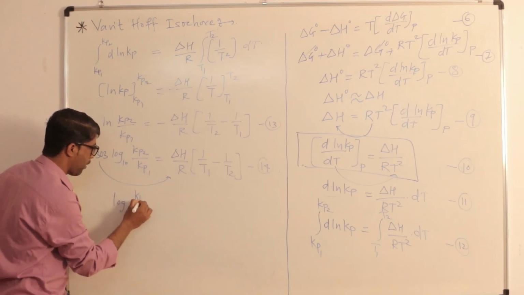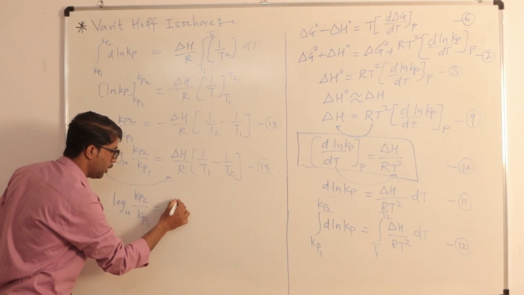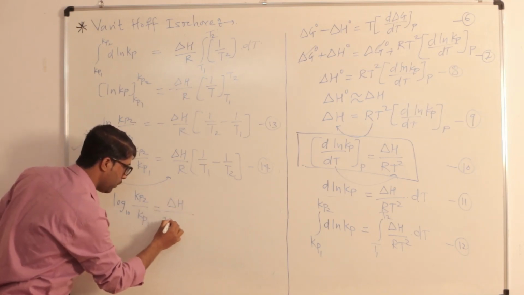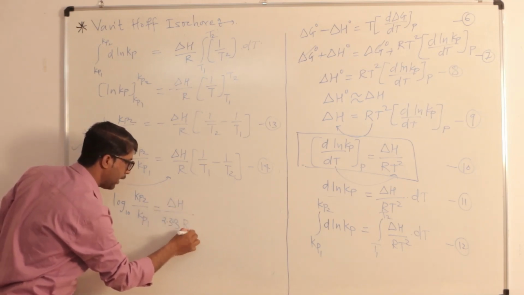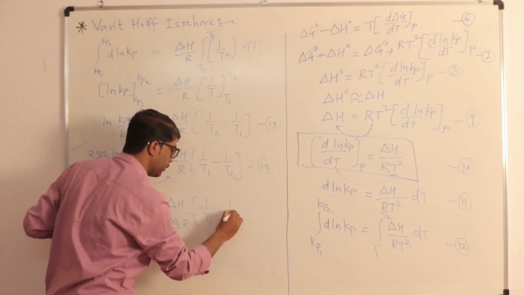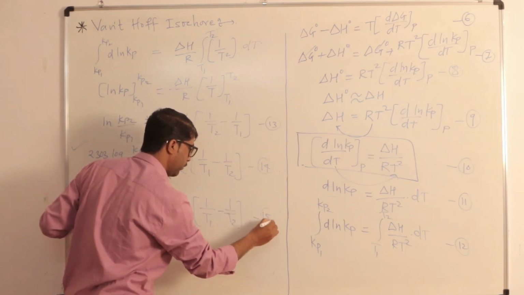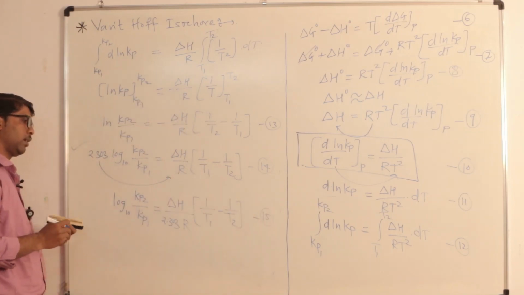Again, if I transfer this 2.303 to this side, then we will get log base 10 of Kp2 upon Kp1, which is equal to delta H upon 2.303 R times 1 upon T1 minus 1 upon T2. This is equation number 15.